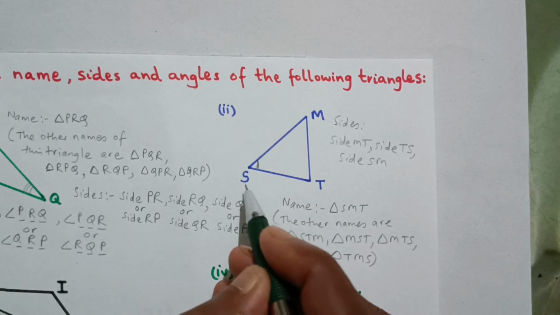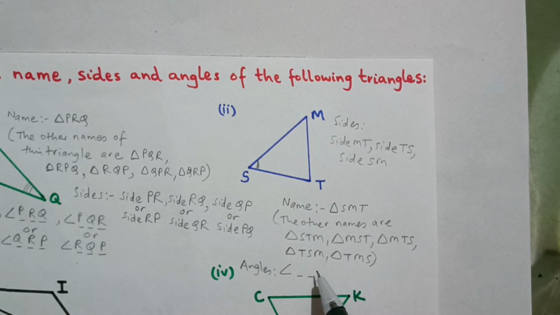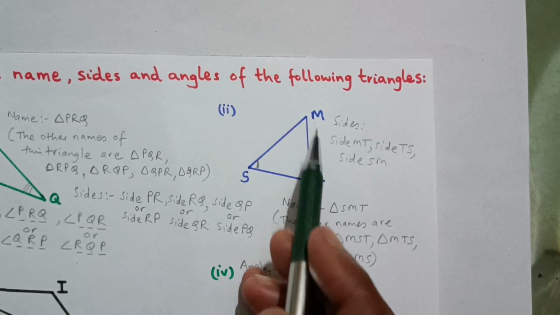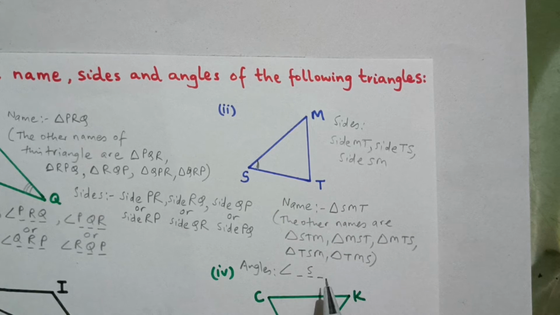S will be the middle letter, and the other two letters are M and T. You write either M here and T here, or T here and M here.